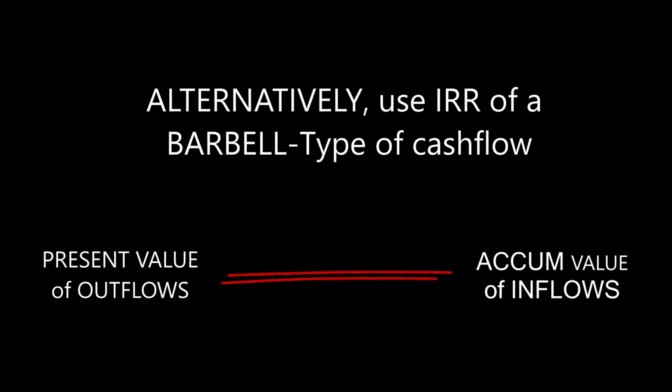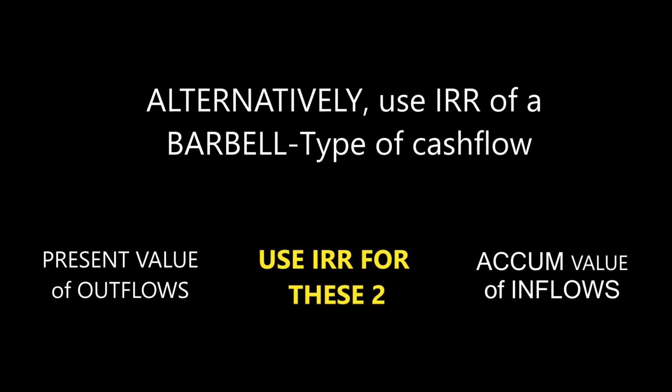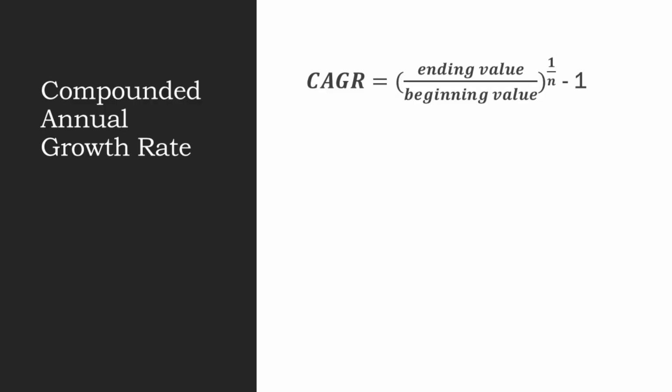The first one, the NPV of all the outflows at time 0, and the second one, the accumulated value of all inflows at the end of the period, and just get the IRR of those two values with zeros in between. Or you can just get the CAGR, or the compounded annual growth rate, of those two values, defined by this formula: ending value over beginning value raised to the power 1 over n, minus 1. It should all come out the same.